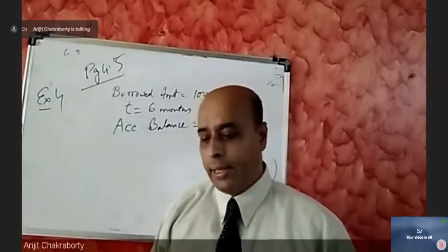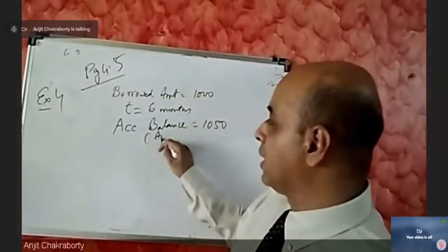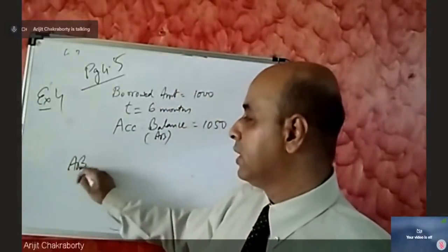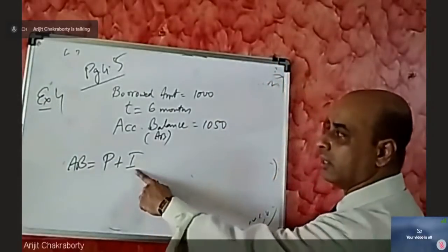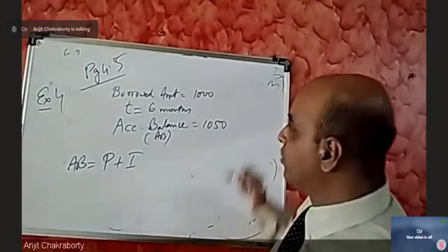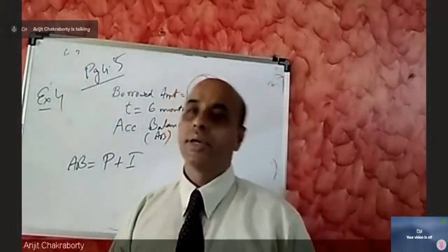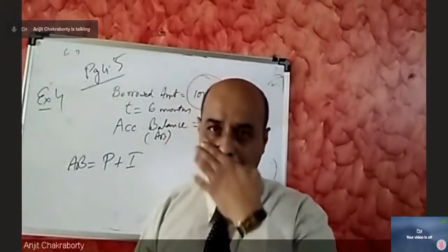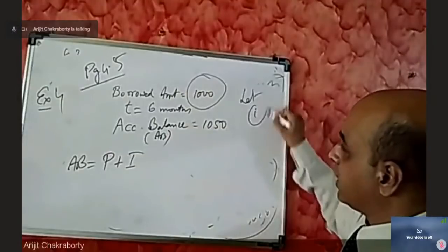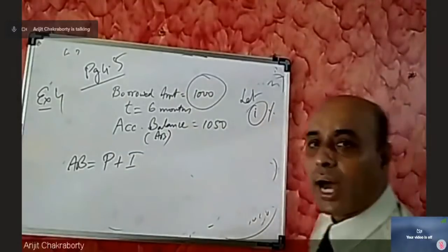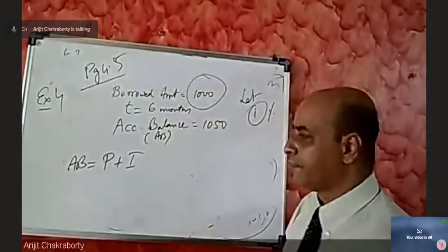Okay. Now here we know that accumulated balance AB is equal to principal plus interest. Right. Now we know this borrowed amount, but we don't know the rate of interest. Okay, right? So let the rate of interest be I percent.